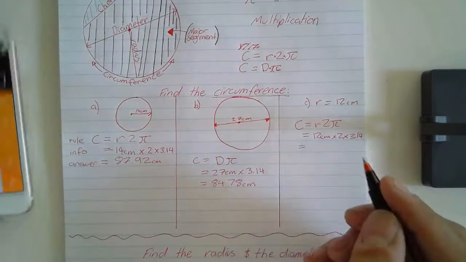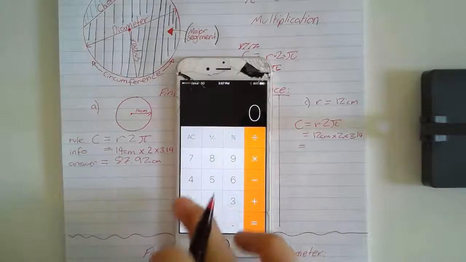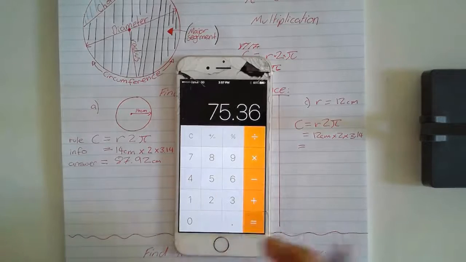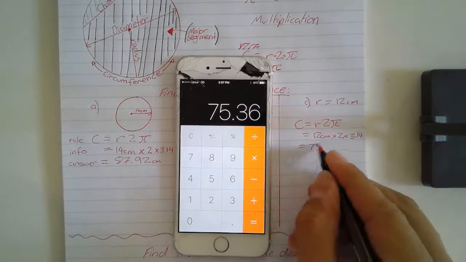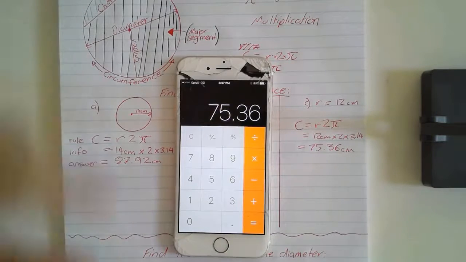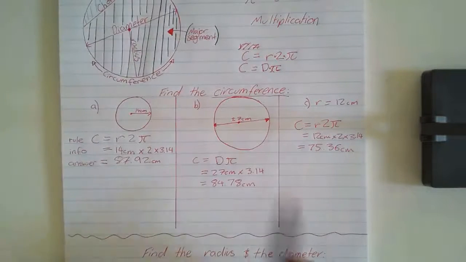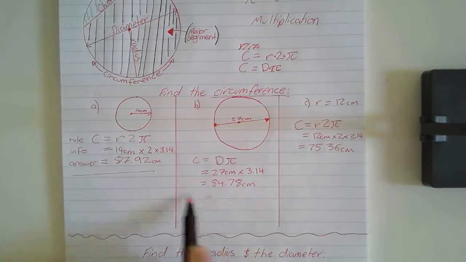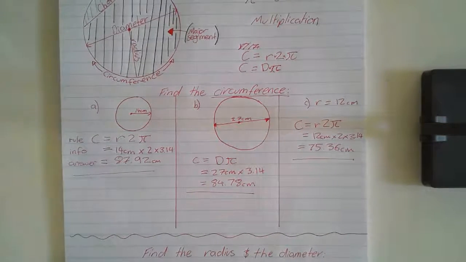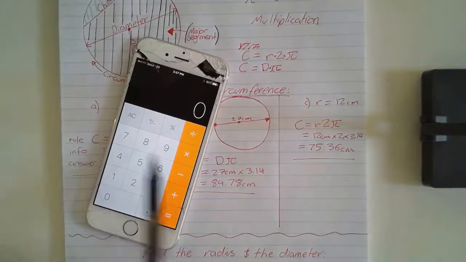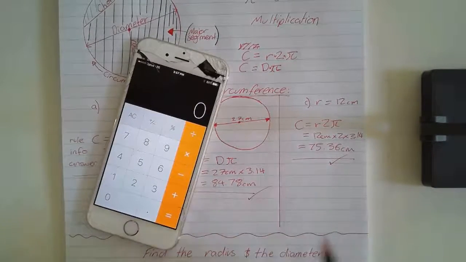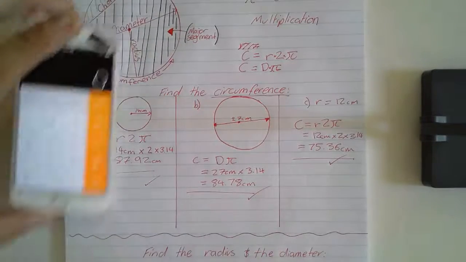This equals, trusty calculator again, 12 times 2 times 3.14 equals 75.36 centimeters. Okay guys, it is dead set that easy. Again, working. When you use a calculator, you have to show me what you're typing in every single time.